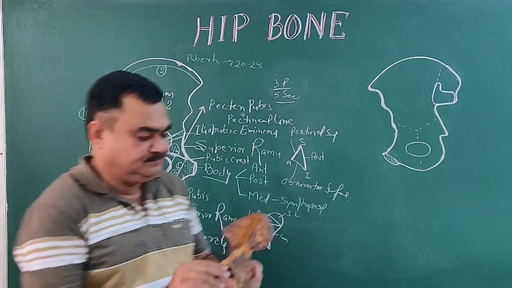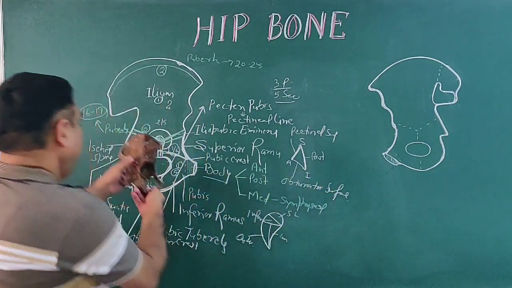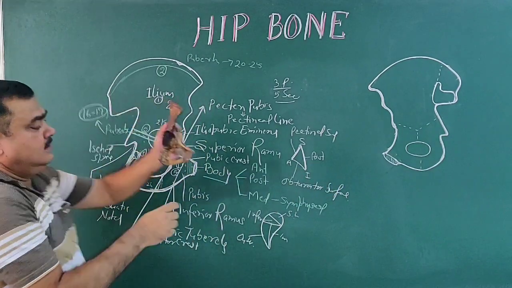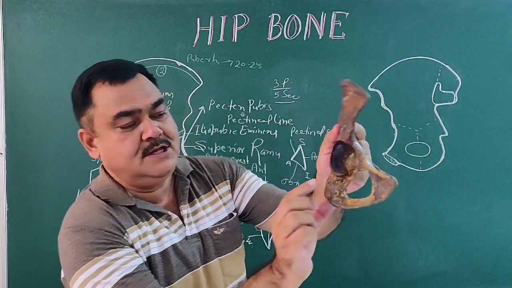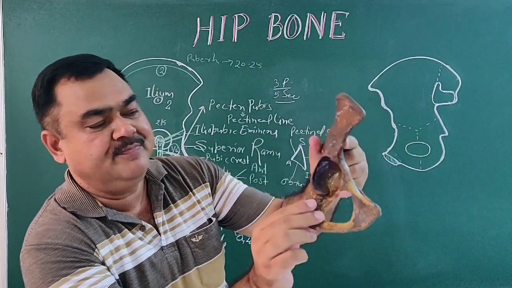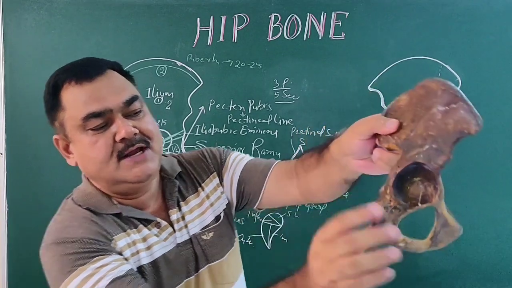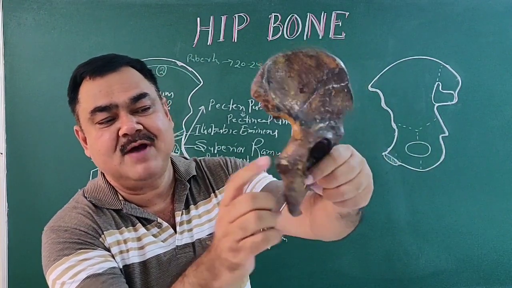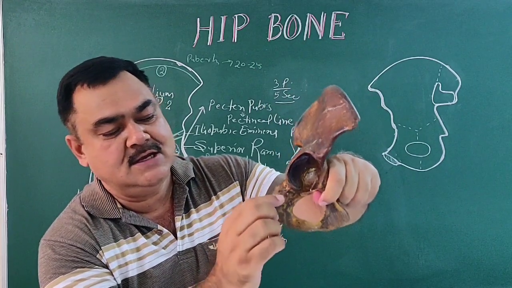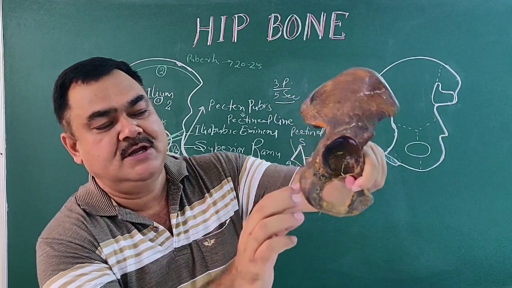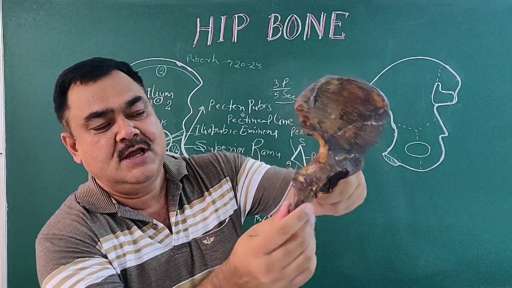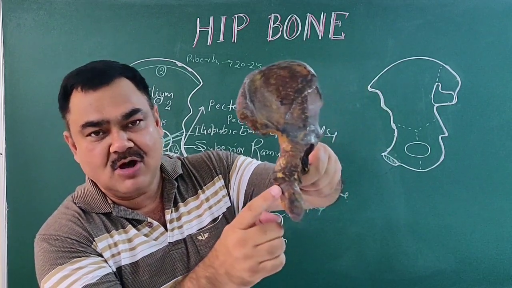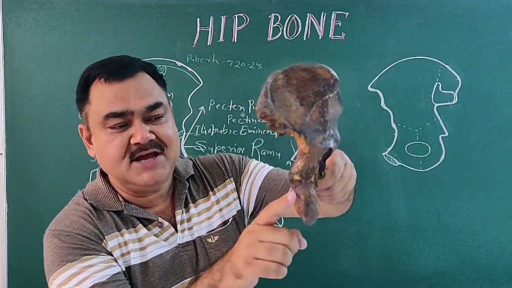You can see here, this is pubis. This part is ischium. Here is ischial spine, and here you can see this is ischial tuberosity. Below the ischial spine there is a notch. This is lesser sciatic notch.